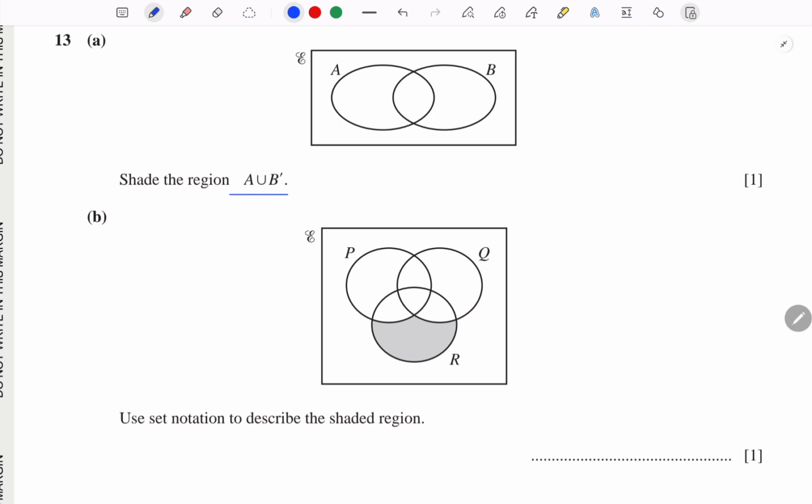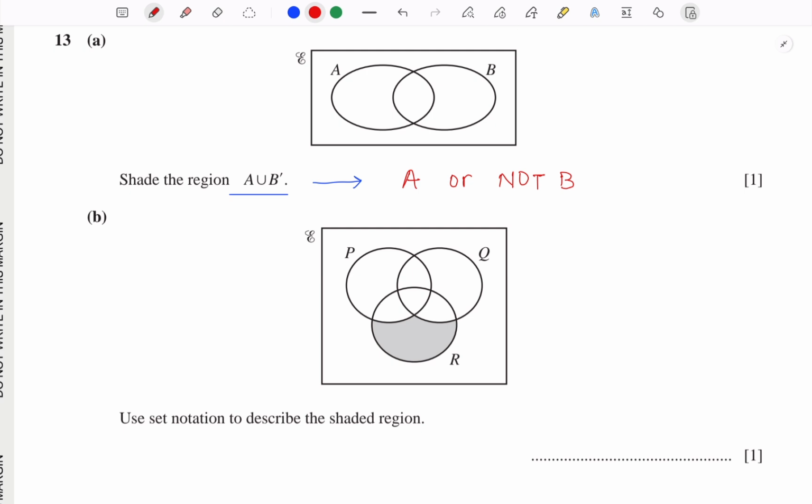It means that we need to find out the area from this Venn diagram that represents either A or not B or both. So we need A, or we need something that is not B, or either of them.